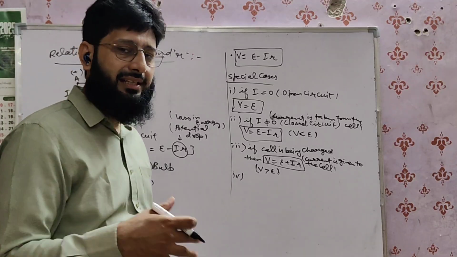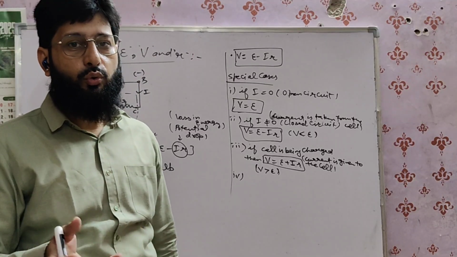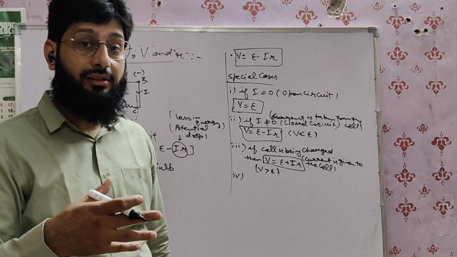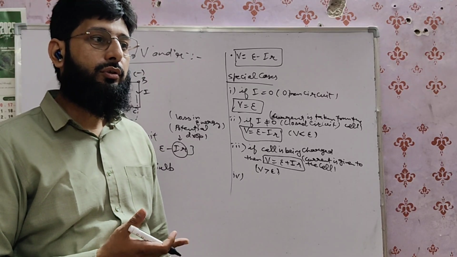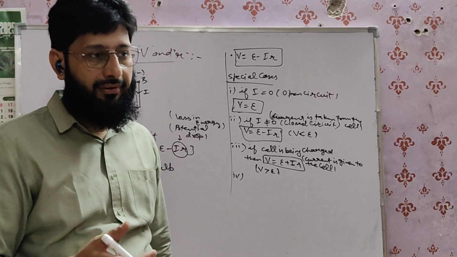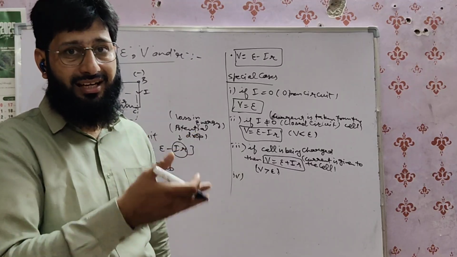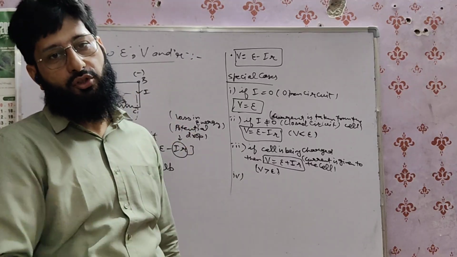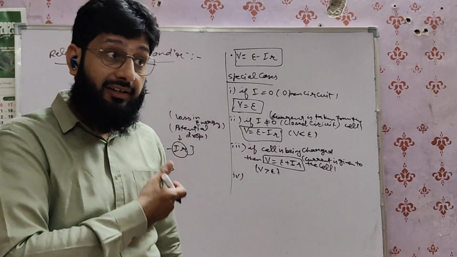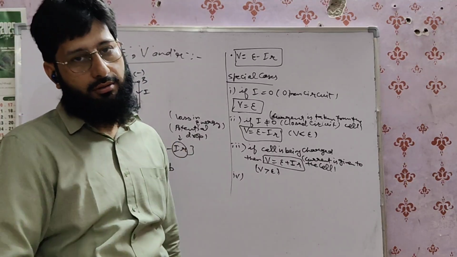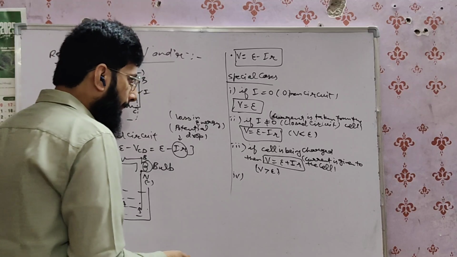There are also cells available in the market which we use in cameras, which are rechargeable batteries. So if you want to charge a battery, definitely you have to put across its ends more voltage than its potential or EMF. Otherwise, the current will start flowing out and it cannot get charged again.